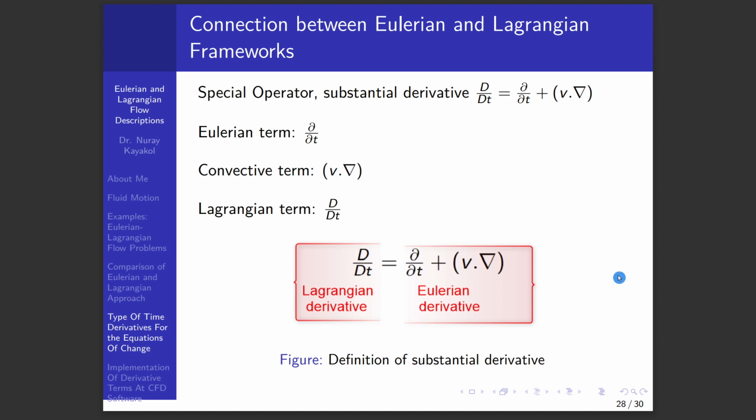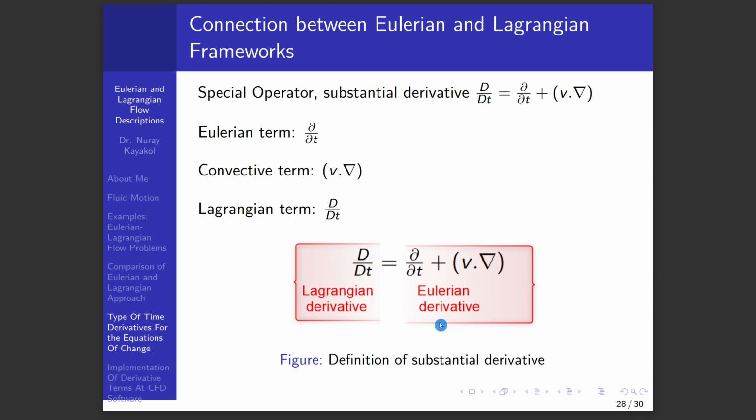So in this equation, the substantial derivative term has both a Lagrangian term and an Eulerian term. The left hand side of the equation is Lagrangian because on the right hand side we have a velocity term, that is the observer is moving with the fluid velocity.